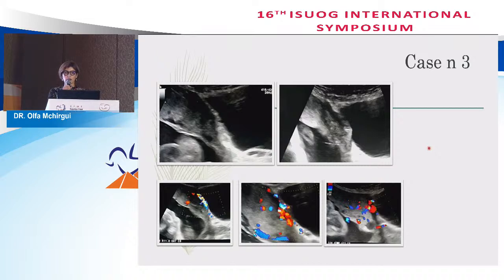As for the third case, our patient had 2 previous C-sections, and she sought medical attention after having vaginal bleeding at 34 weeks. Here in the ultrasound, we found a low-lying anterior placenta near the previous cesarean scar, reduced myometrial thickness, a placental bulge here, an abnormal uterovesical hypervascularization, and abnormal placental hypervascularization.